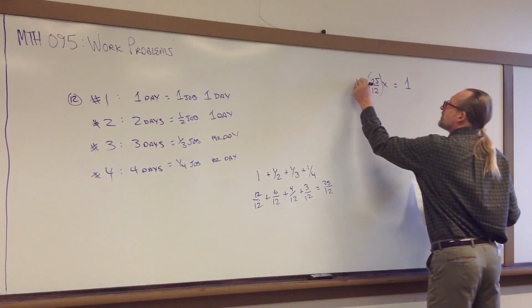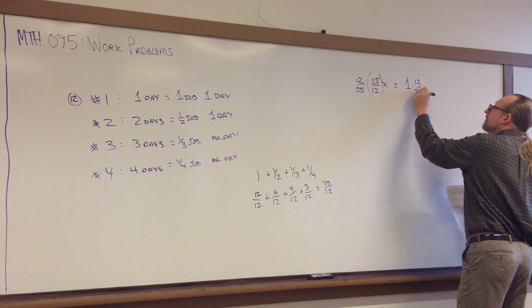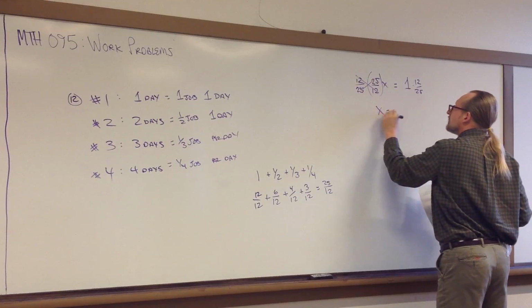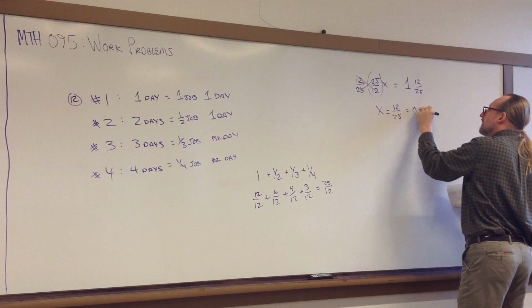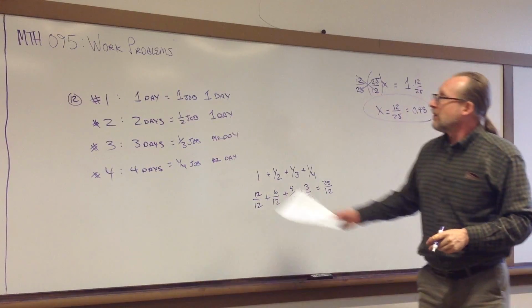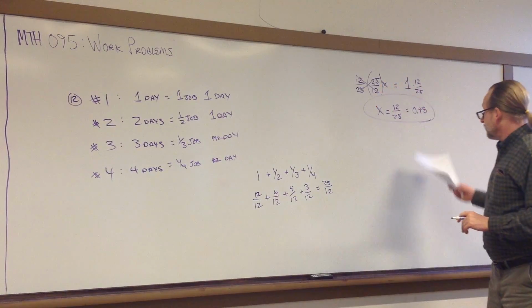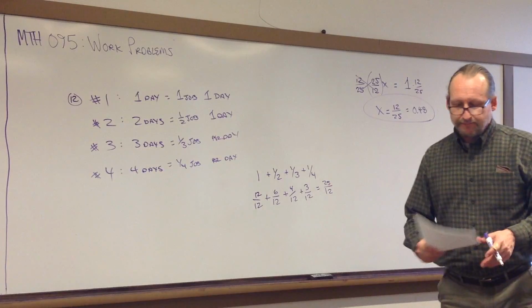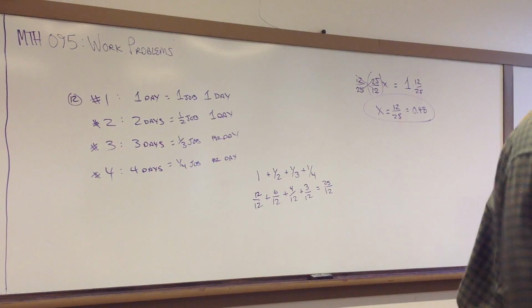And so this answer is actually going to be less than 1, right? If we do 12 over 25, these will cancel out. 12 over 25, you can leave it like that if you'd like. It's 0.48, or just about half a day. If you run all 4 of these water spouts at the same time, it'll fill the tank in just under half a day.